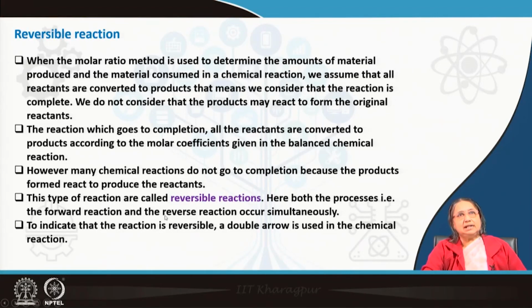This type of reaction is called a reversible reaction. Here both processes, the forward reaction and the reverse reaction, sometimes called the backward reaction, occur simultaneously. To indicate that the reaction is reversible, we always use a double arrow in the chemical reaction.